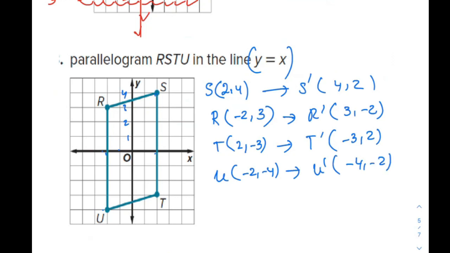Let's plot the new points. S prime is 4, 2. So go to 4, 2. So this is S prime. R prime is 3, -2. T prime is -3 and 2. U prime is -4 and -2. Then match.